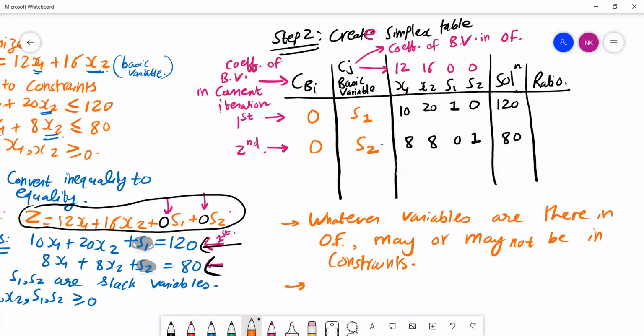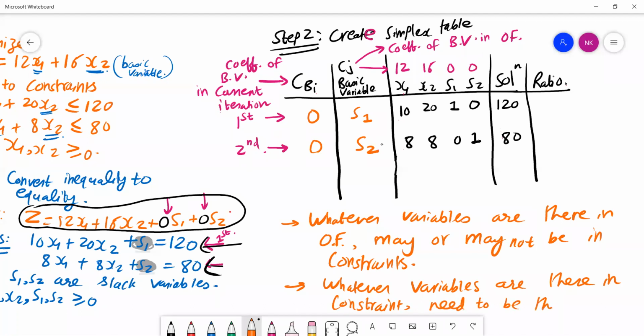But contrary to this, whatever variables are there in the constraints need to be there in the objective function.